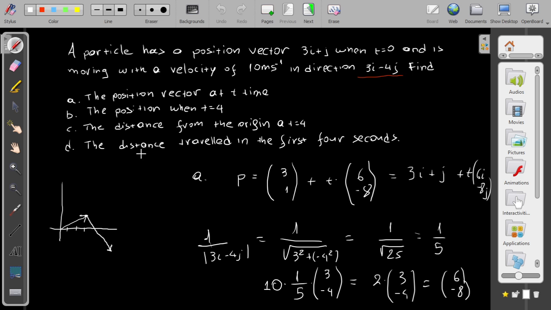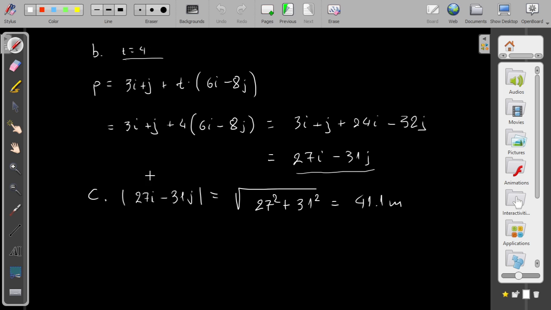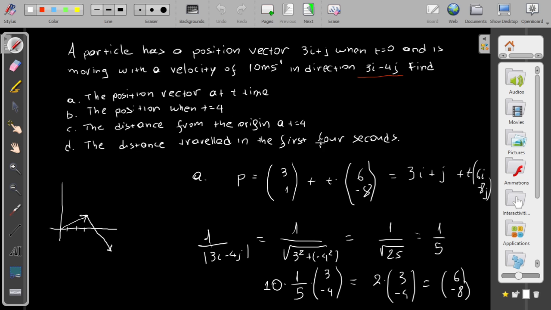Last question. The distance traveled in the first 4 seconds. Now this is a very easy question, because they ask me the distance traveled in the first 4 seconds. I know that at the beginning, when time is 0, it's here.